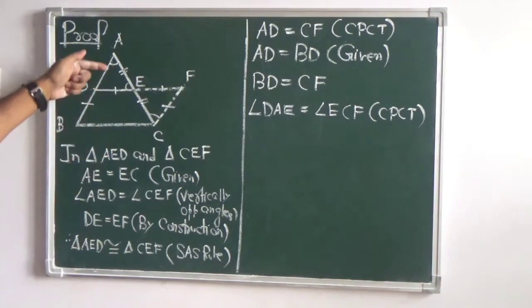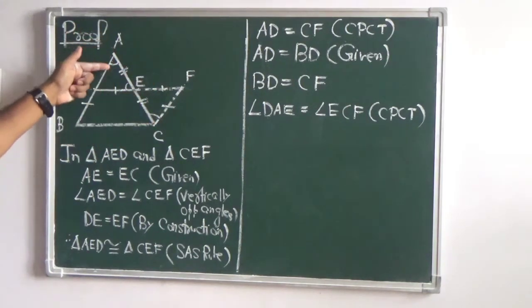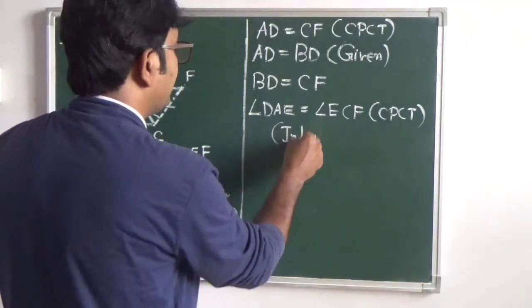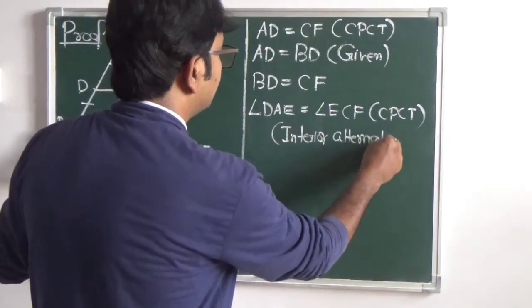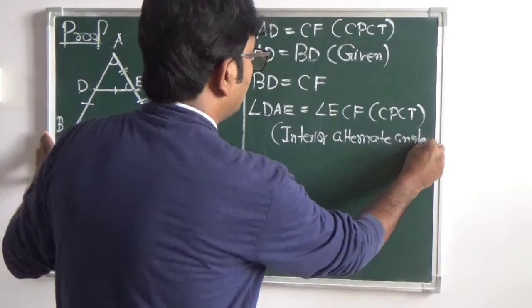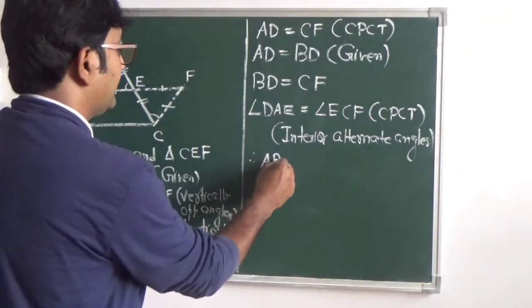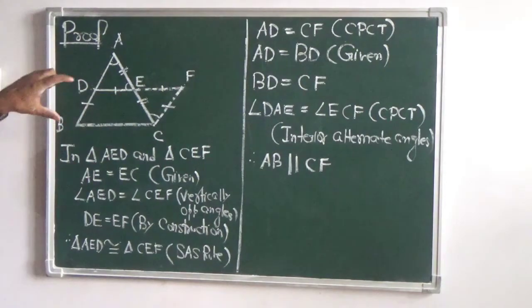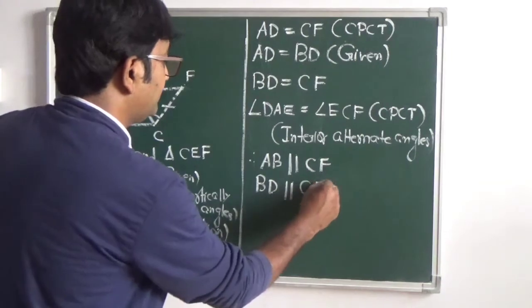Now if you see these two lines and this acts as a transversal and these two angles are equal, we can say they are equal because alternate interior angles. So AB is parallel to CF. AB is parallel to CF means BD is parallel to CF.